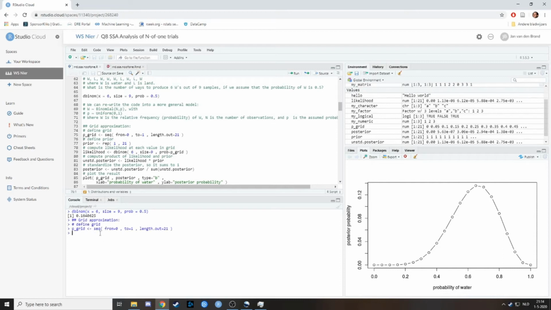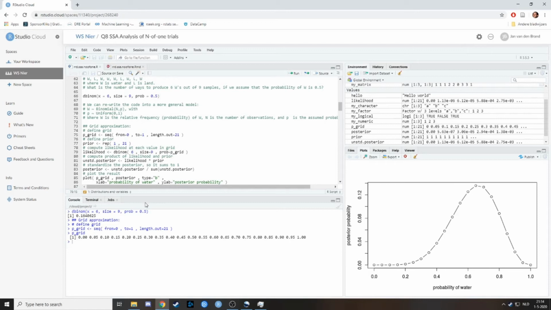If we look at what's inside this vector, we see that it's a range of numbers. The lowest number is 0, the highest number is 1, and it goes up in steps of 0.05, and in the middle is 0.5. We can try all these numbers and see what happens.